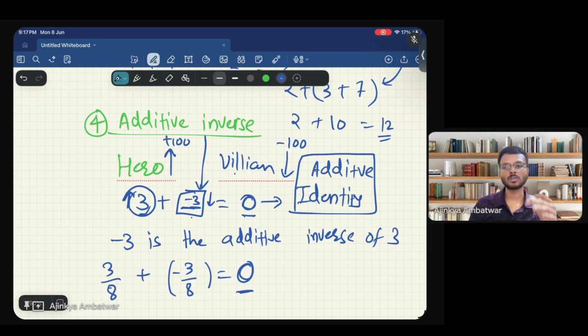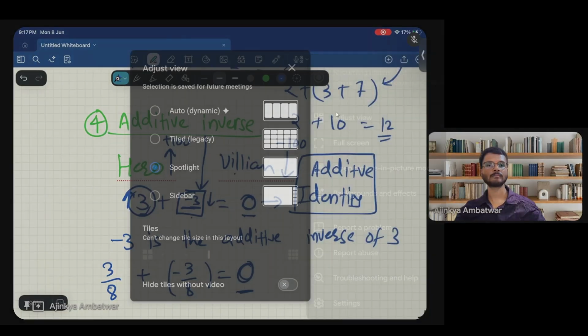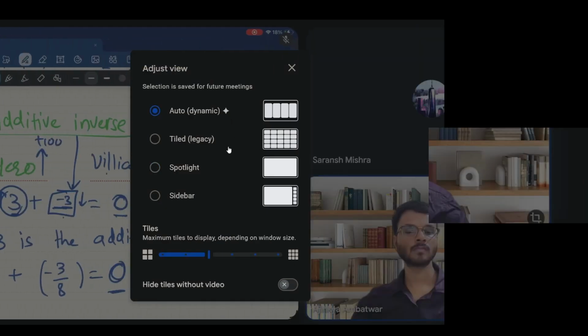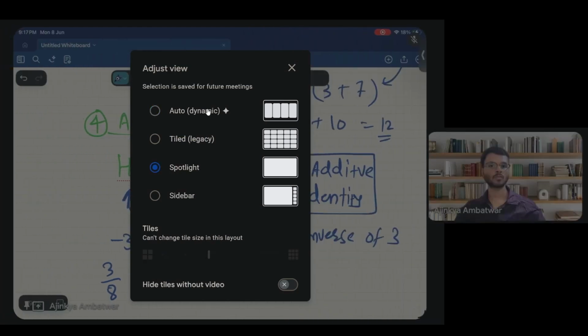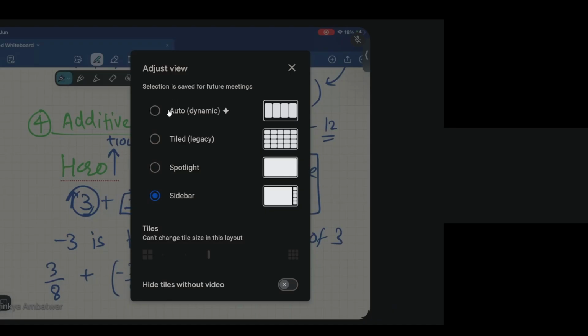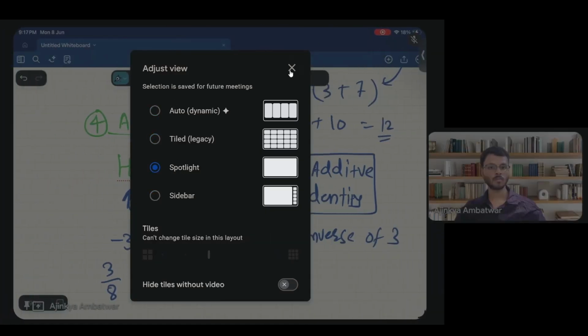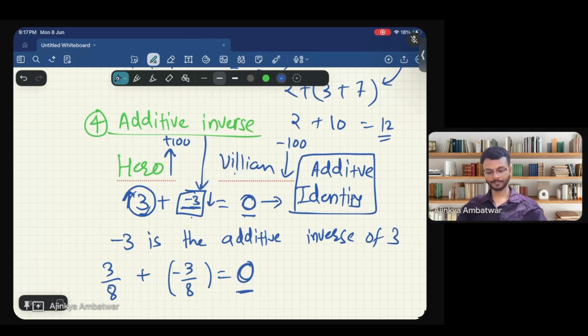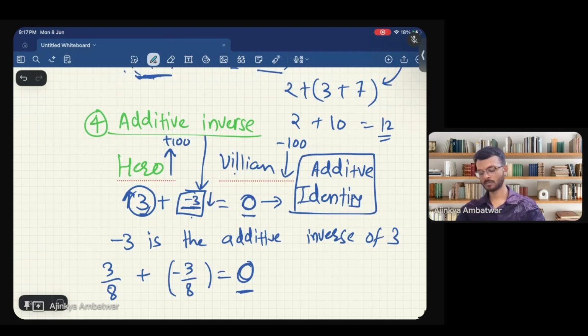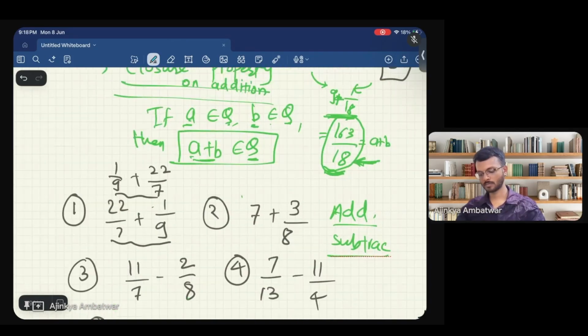That's it. 0 is called additive identity. Correct.